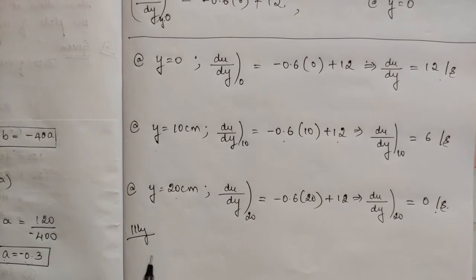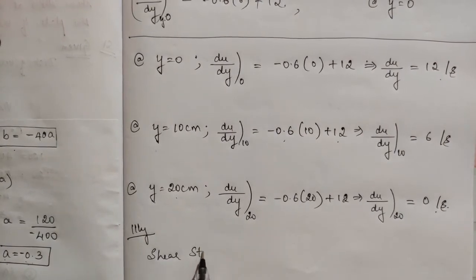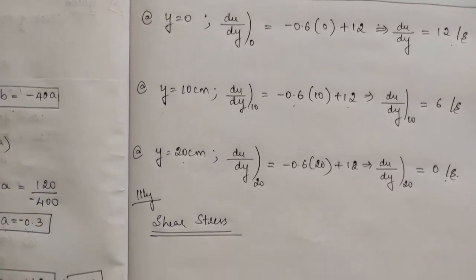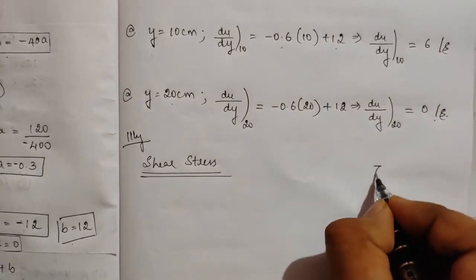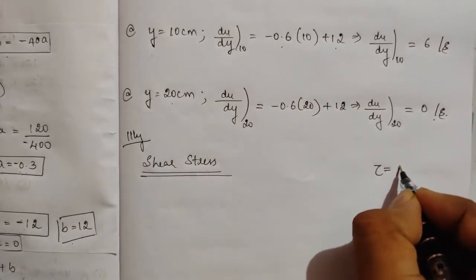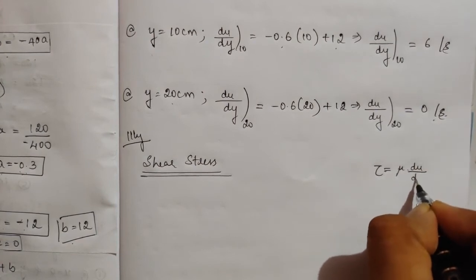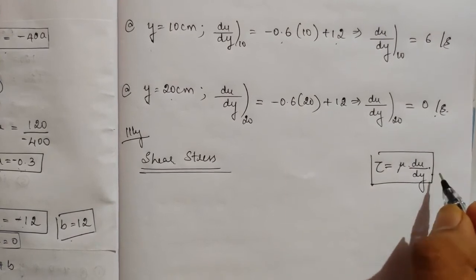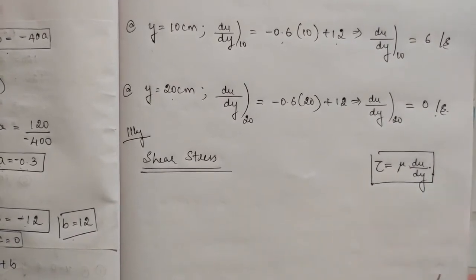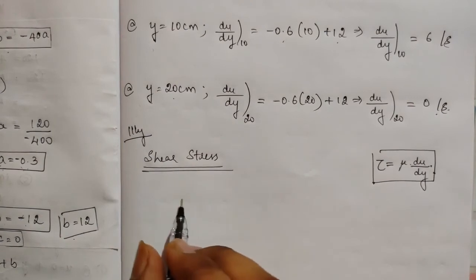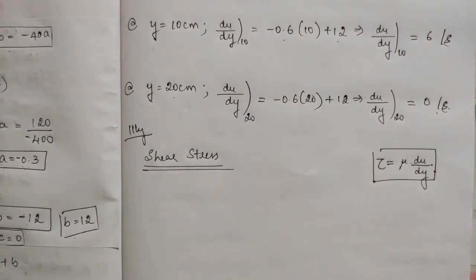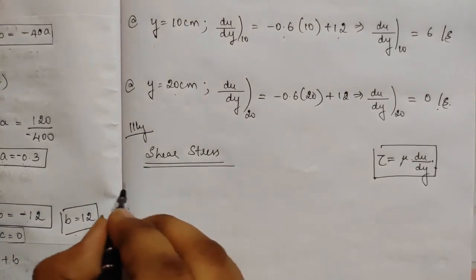Similarly, for shear stress, in the same fashion. What is the formula we know? We know only one formula, that is tau is equal to mu into du by dy. The values of du by dy at y equal to 0, 10 and 20 we already know, so we can directly tell the shear stresses at specific points.